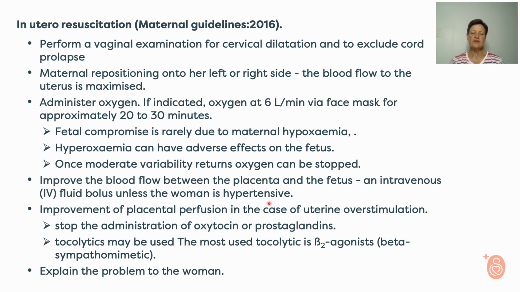If it's a tampon and one can still remove the tampon, it should be done. And if that can't be done and there are still strong contractions, tocolytic drugs should be used to stop the contractions or to at least decrease the contractions, and also in order to improve the blood flow in the placenta to the fetus.